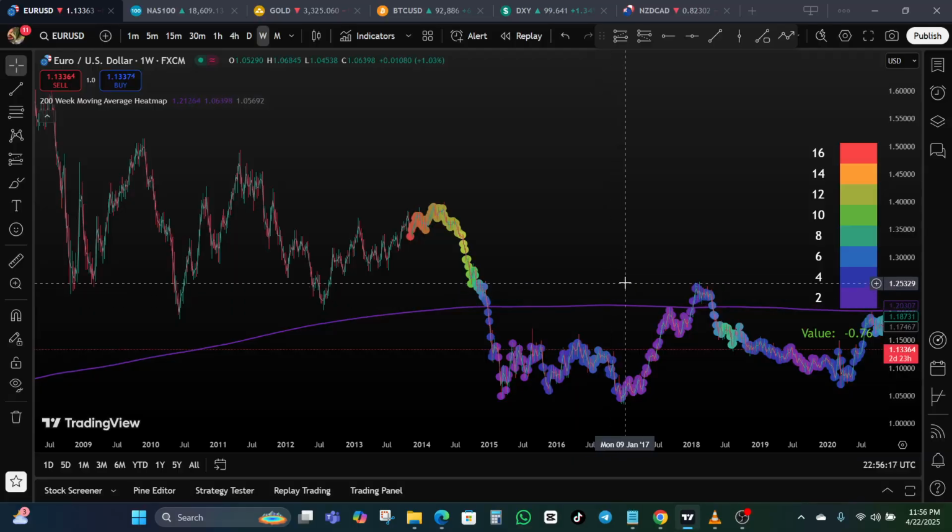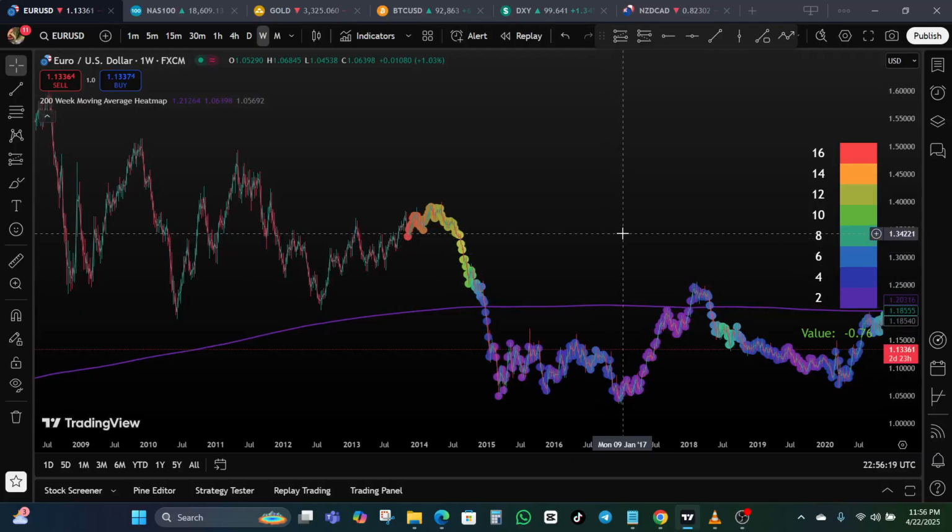So when you add a heat map, you are layering in emotional sentiment, timing, and potential opportunity. This works across markets, right? Whether it's crypto you're trading or stock indices or currency pairs, you can use this indicator across different markets.